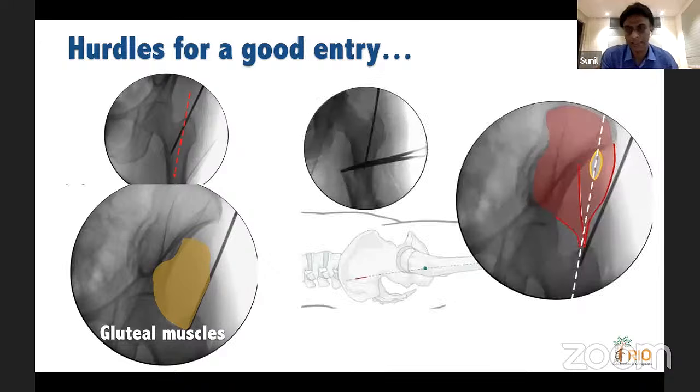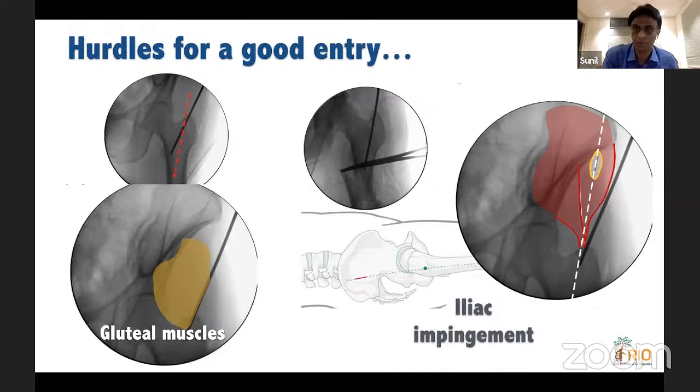So this iliac impingement and the influence of the gluteal musculature is real, and you have to overcome this. One way is to start as high as possible, so that the skin entry is as high as possible and you get your entry point absolutely in line with your femoral shaft.